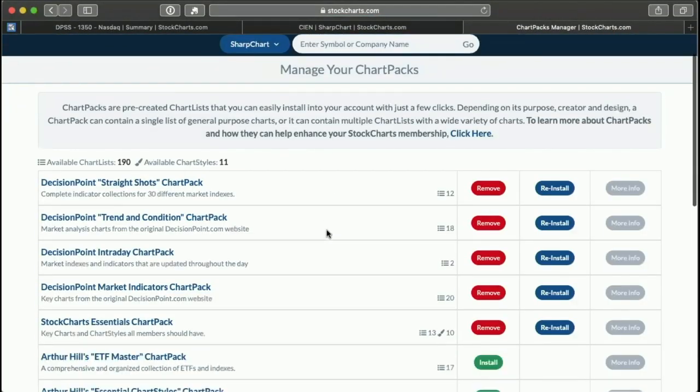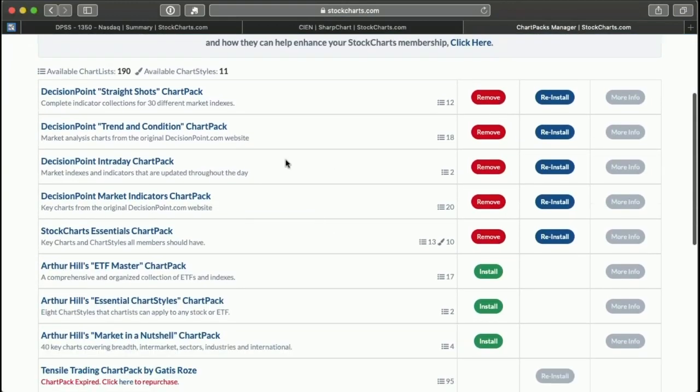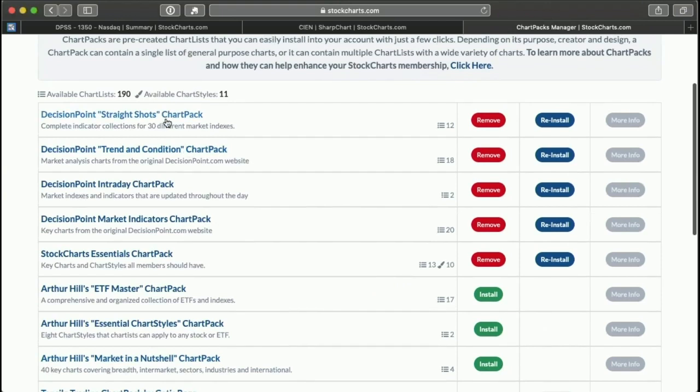And if you are an extra member or above, you will have the opportunity to download these various chart packs. I've shown you today the straight shots chart pack, where you start off with an index and move on to all of the indicators for that index. And then we went ahead and looked at the market indicators chart pack. And that's where you start with the indicator and then look at it across all of the different indexes. So that's how you would find that.